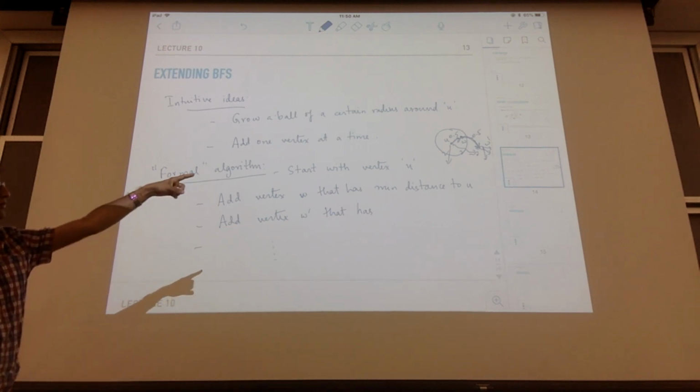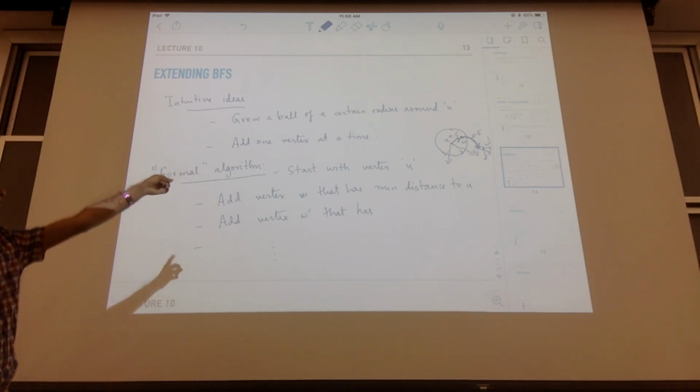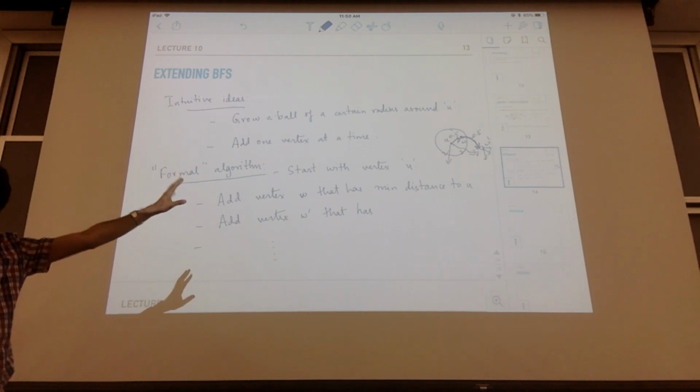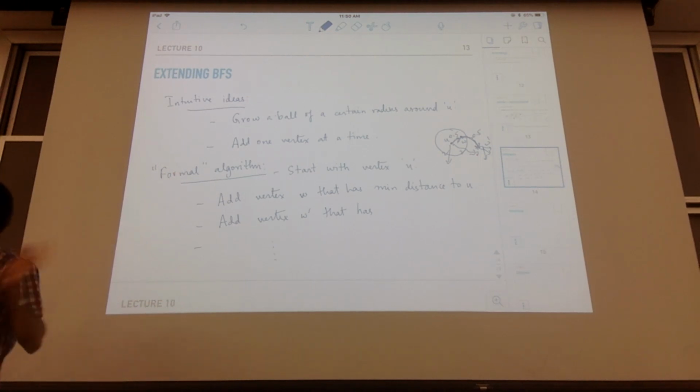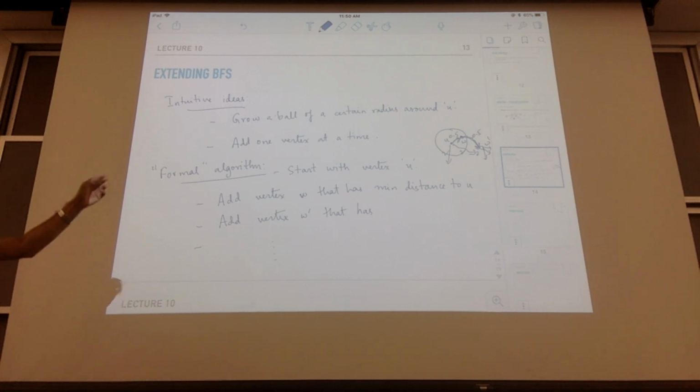And for those, the distance would be 1 plus something. And that's how you grow this. Okay. So formally I have to specify how you do this kind of operation, but intuitively it is this operation here: you try to grow this ball around u of different radii by adding vertices one after the other.